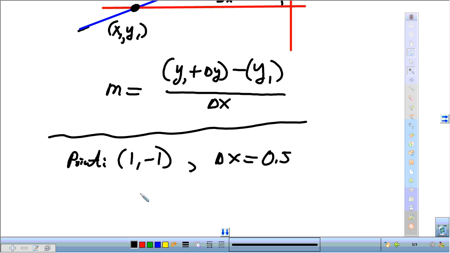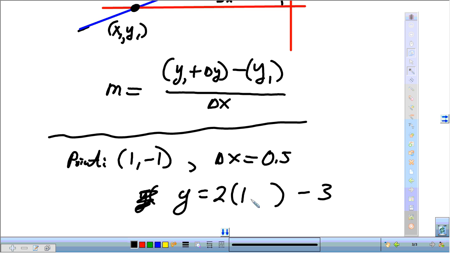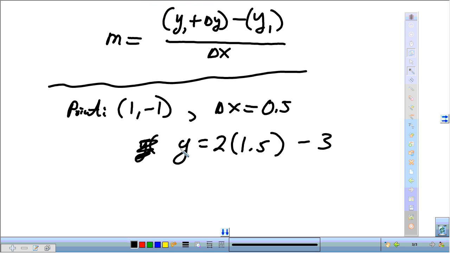So what's y? If we start at 1 and add a half, evaluating now at 2 times 1.5 minus 3, in that case we get 0.